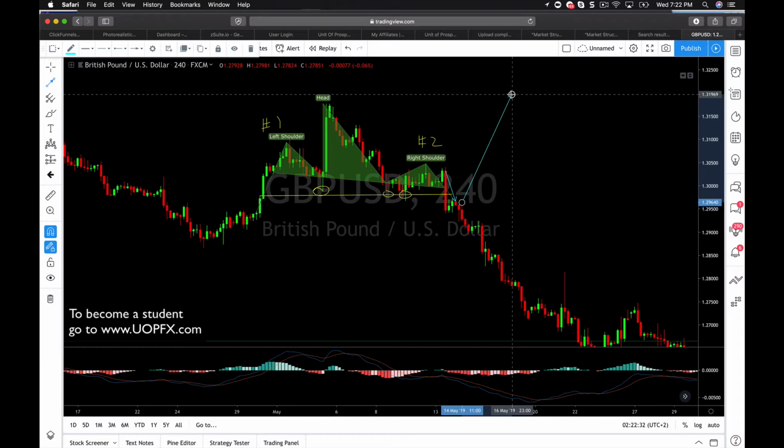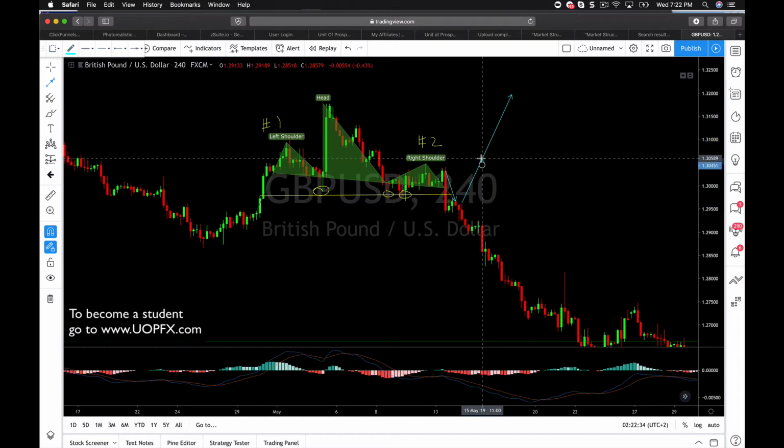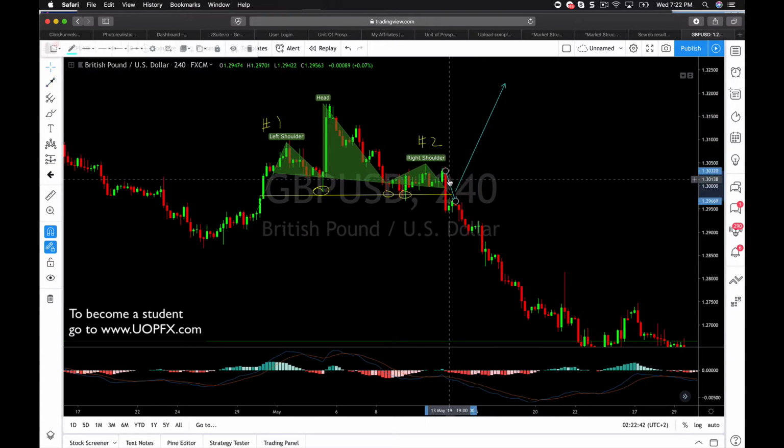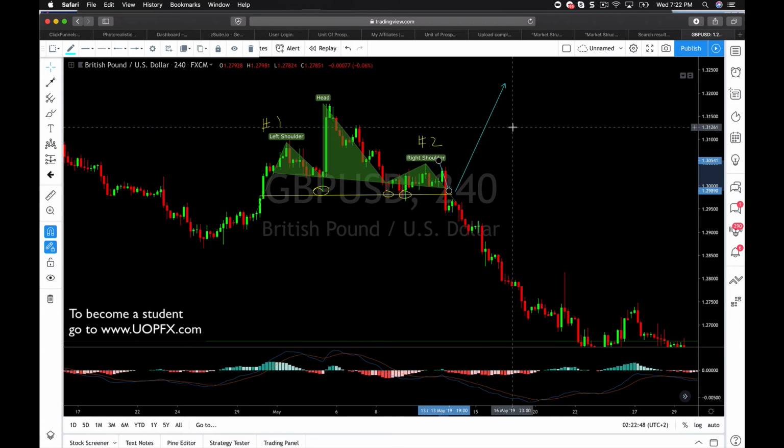But it can come here and it could bounce off of this and go straight up, okay? So it can come to that neckline and go up. And if that was to happen, which you have to understand that in Forex, no pattern is 100%, okay? No pattern is going to win 100% of the time.